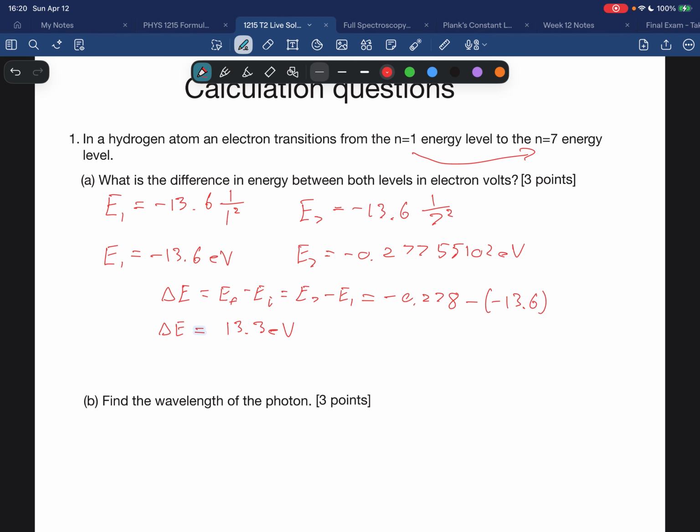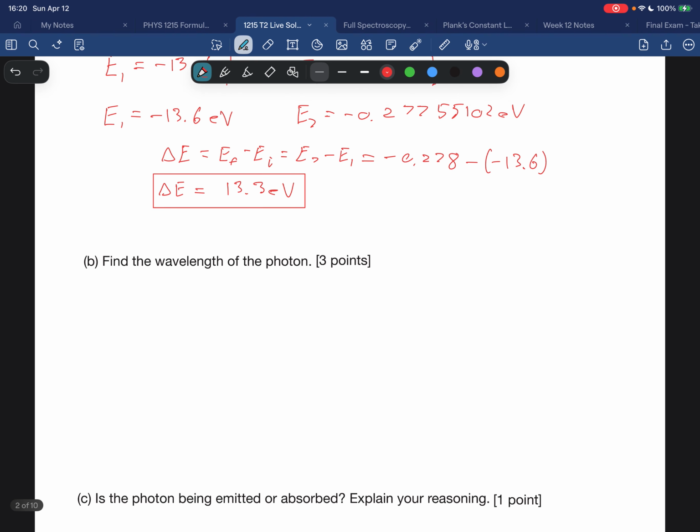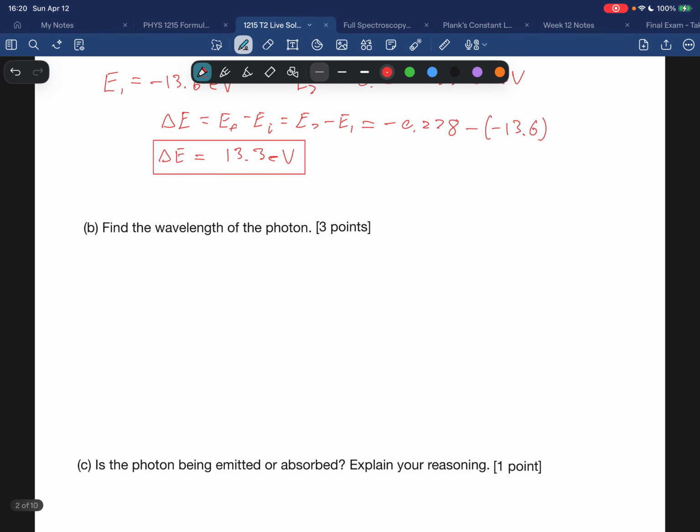So it ends up being positive 13.3 electron volts here. So in case you did not see why it's positive, this is why. It did matter. So our difference is positive 13 electron volts here. The reason it's positive is going to be important for part C.